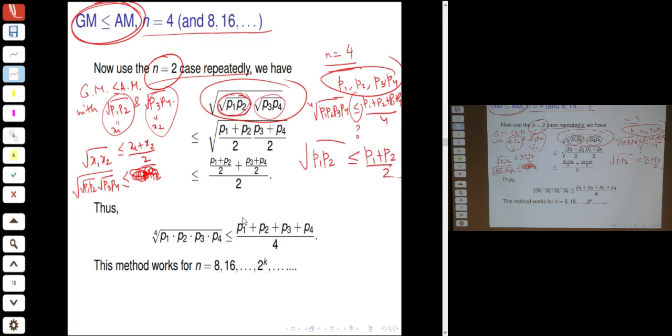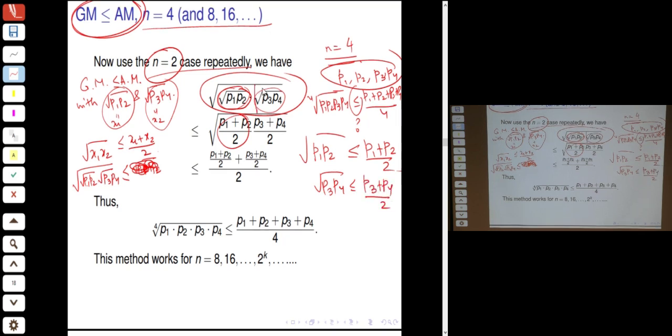So, this is less than or equal to that, and then you again apply GM less than or equal to AM to P3 and P4. So, this is less than or equal to that, and you just have the square root on both sides.